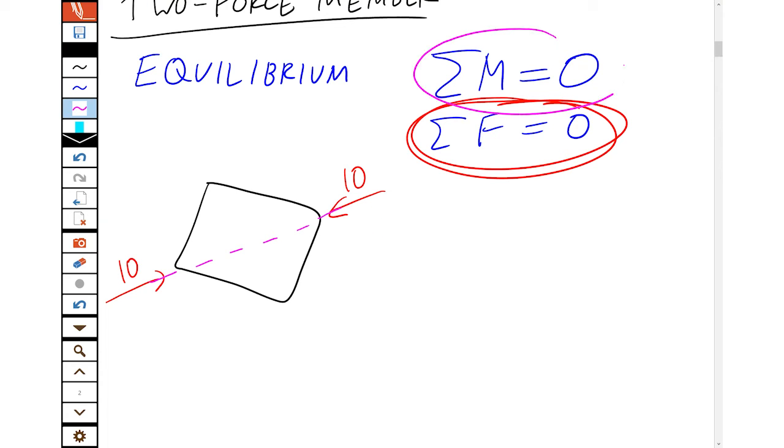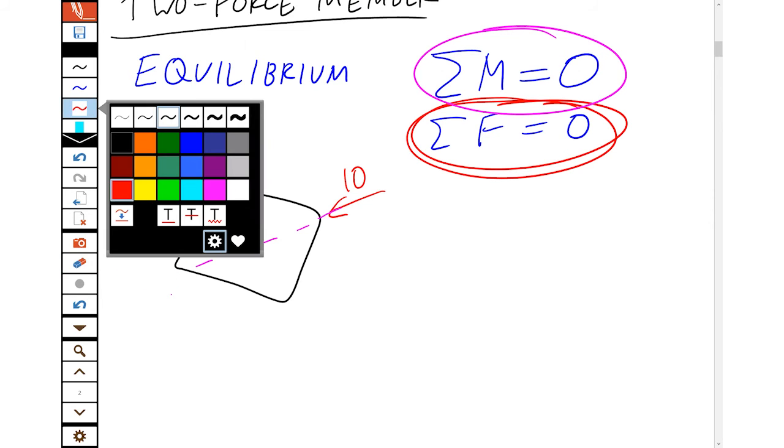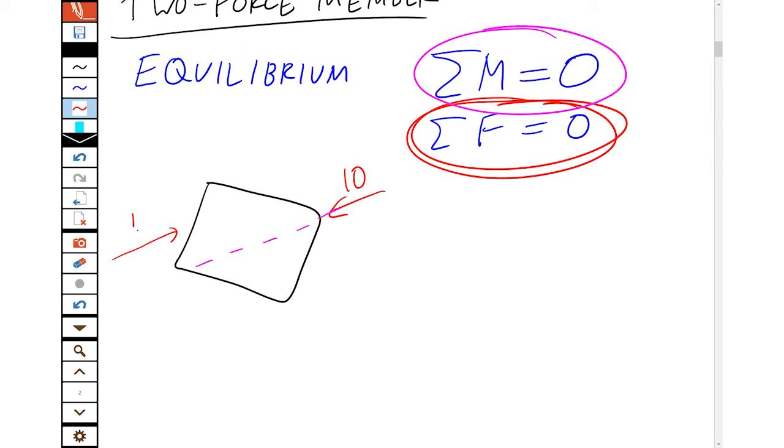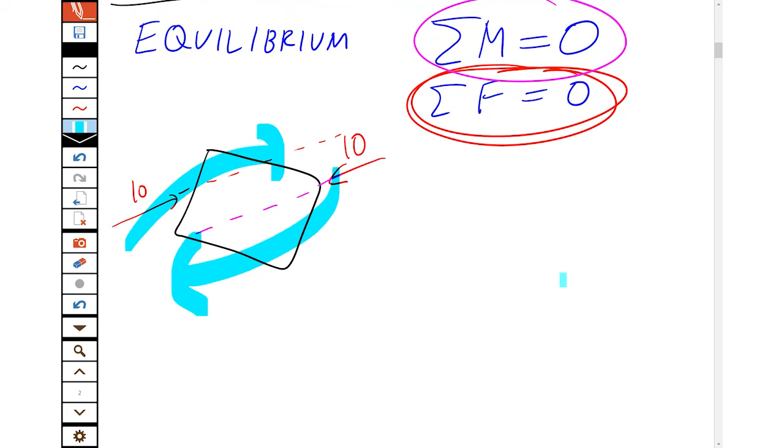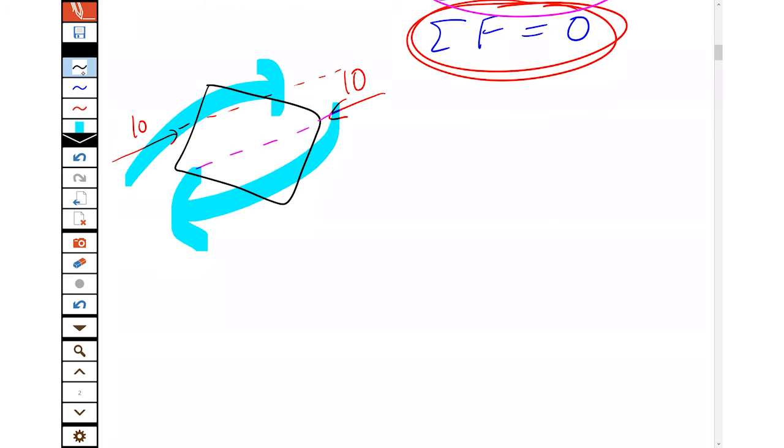Otherwise, the moments won't add up to zero. For example, if that 10 was equal and opposite but not in line, now you see, even if the forces cancel out, it'll start spinning the object, so the moments don't cancel out. So if you have only two forces acting on something, they must be equal and opposite and in line.